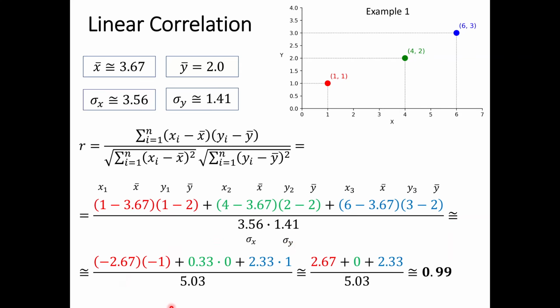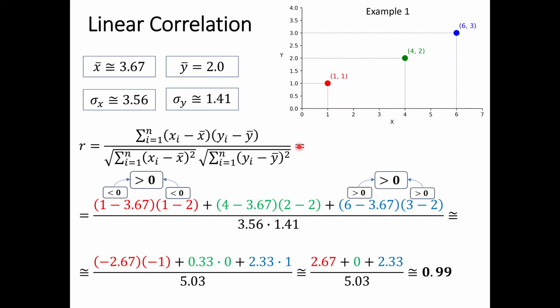After calculating the products, summing them up and dividing by the denominator, we get a correlation coefficient of about 0.99. That means there is a very strong positive linear relationship between x and y. As x increases, y increases almost proportionally. And as we know, the correlation coefficient can never be greater than 1.